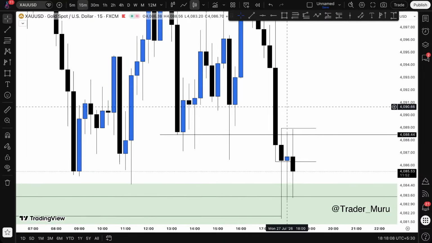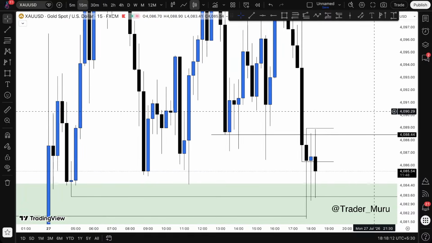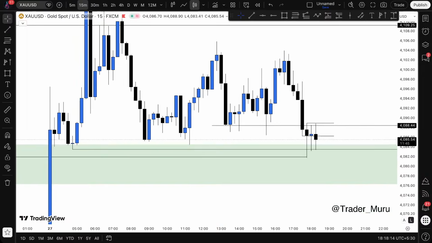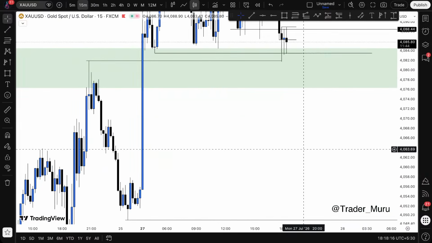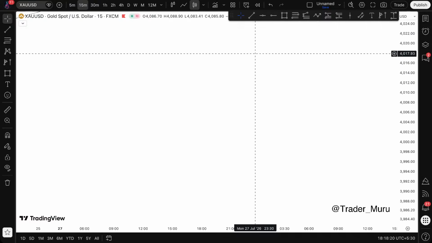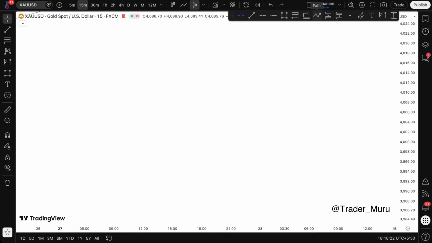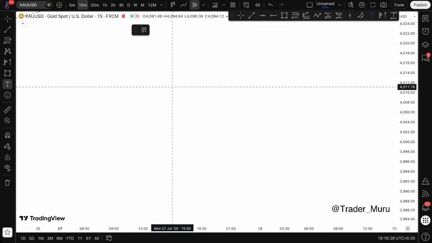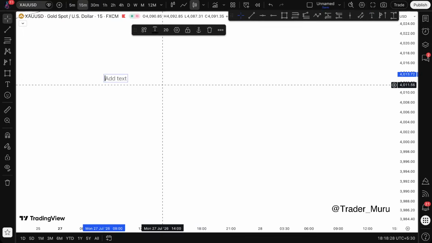What does bias or key level mean, how do you find that? Bias is a trend. Are you looking for a buy or are you looking for a short? This is your bias. And you will find your daily bias from the structure on the daily time frame, 4-hour time frame, and 1-hour time frame.